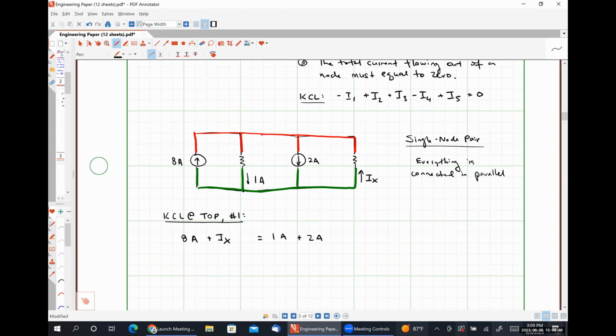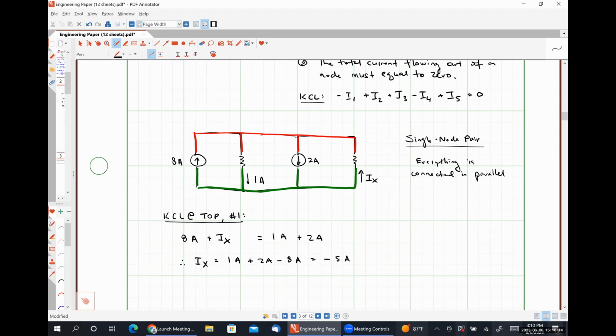And now I can algebraically manipulate this to find that Ix is 1 amp plus 2 amps minus 8 amps, which is negative 5 amps. And I have used Kirchhoff's current law in order to solve for that unknown current. Fairly straightforward.